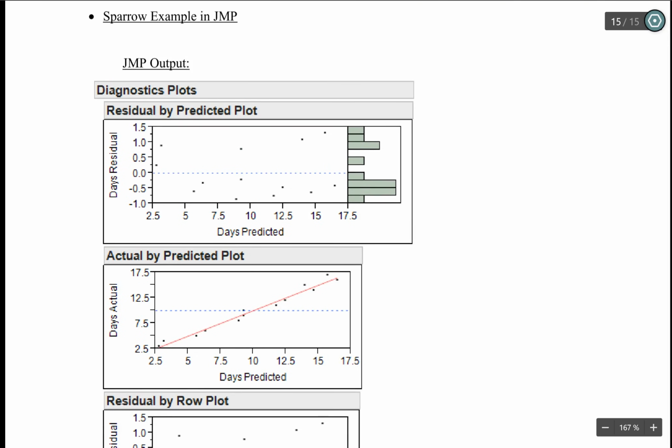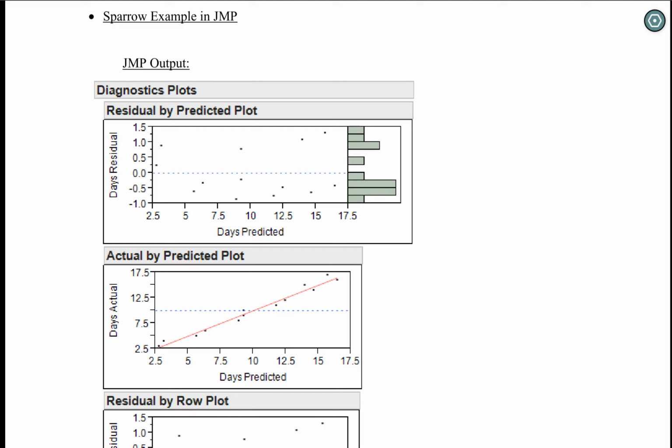Here is a Sparrow example in JMP, or some output from JMP. You'll want to see the JMP demonstration to check out how you get these plots and how you do simple linear regression in JMP.